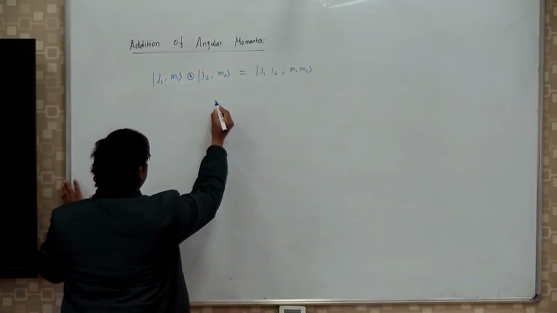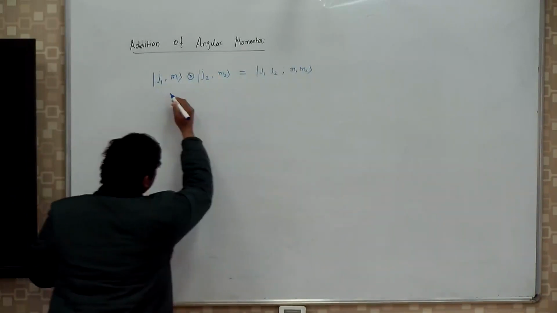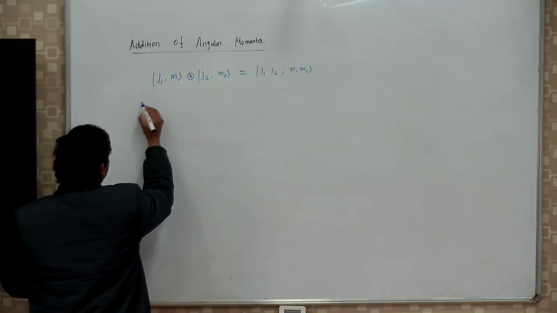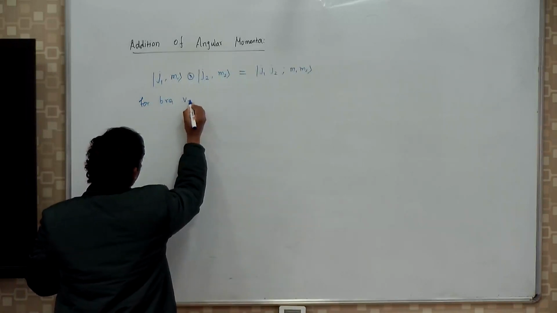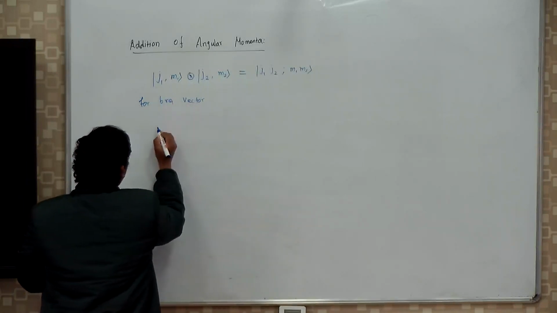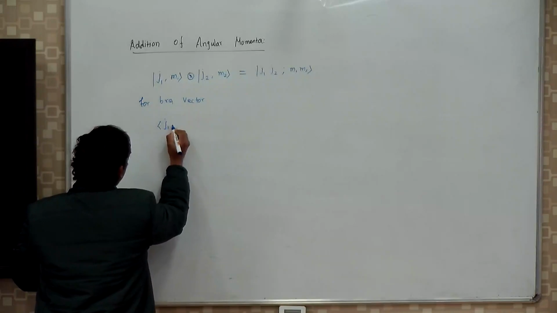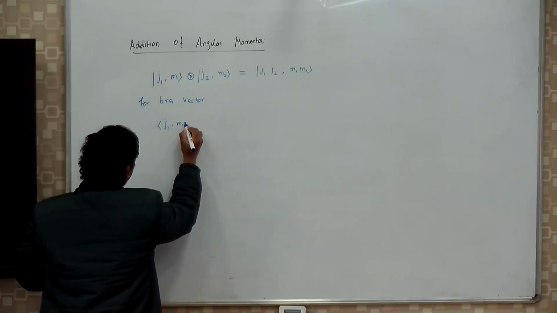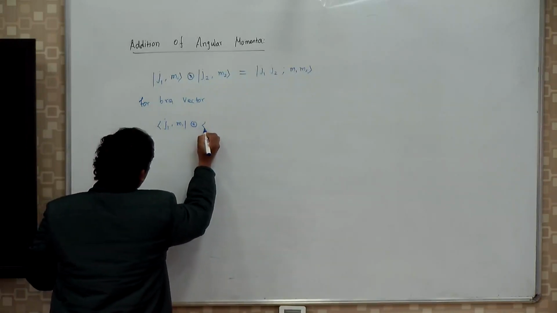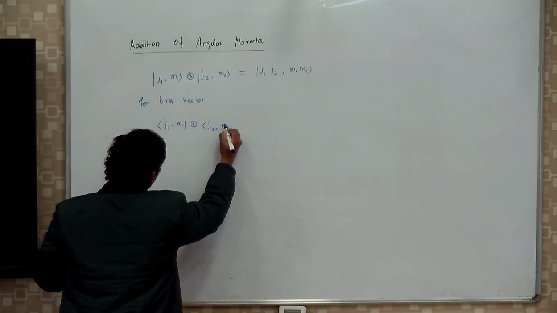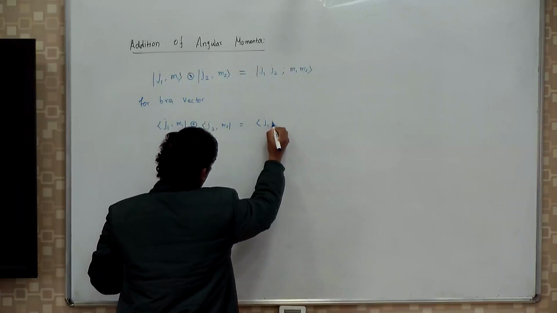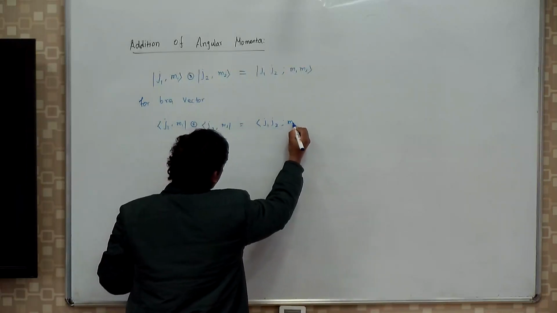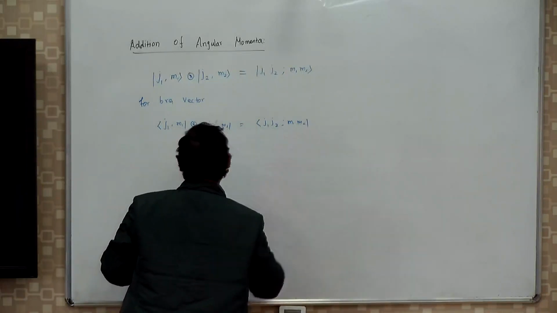So the corresponding bra vector, this is written in ket form. For the bra vector, we can write ⟨J1 M1| ⟨J2 M2| is nothing but ⟨J1 J2 M1 M2|.